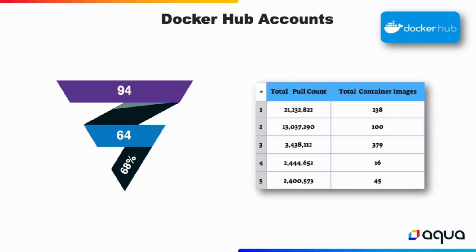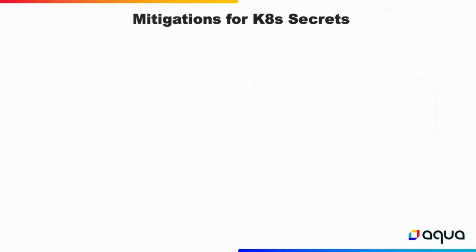Some of these credentials were of big companies, and you can see in the table below the number of images of each Docker account and the total number of pulls that each account had. These are huge numbers. So let's suggest some mitigation strategies for this kind of secret exposure.